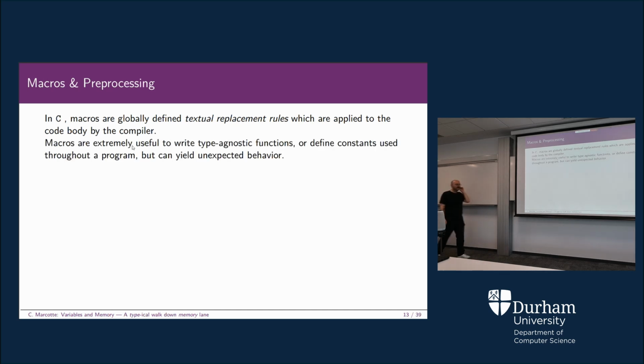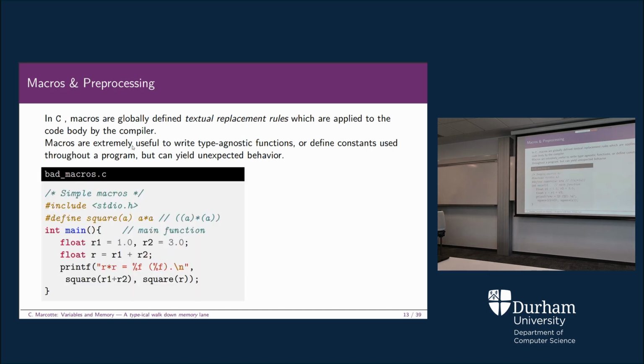They're extremely useful, for example, to write type-agnostic functions in C. This was kind of the way you did it back in the day. I don't recommend it. It can also be useful to define constants used throughout a program. For example, if you have a fixed size array that you need to constantly reference, this is a way to do so. They can also yield unexpected behavior in very weird and subtle ways.